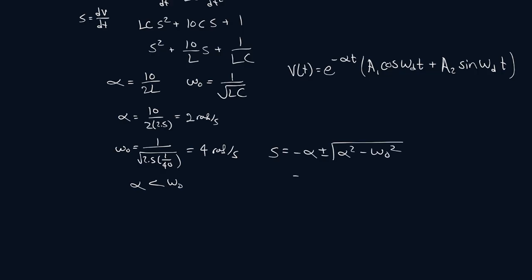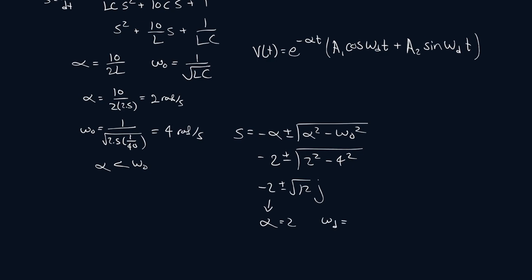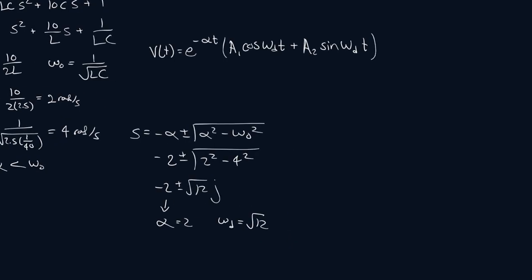So this is minus 2 plus or minus the square root of 2 squared minus 4 squared, and that should give you the square root of 12 j. This is your alpha, 2 is your alpha. And your WD, which is your damping frequency, will be the square root of 12, so whatever is being timed by your imaginary value.